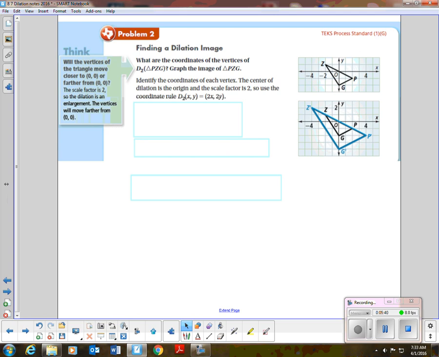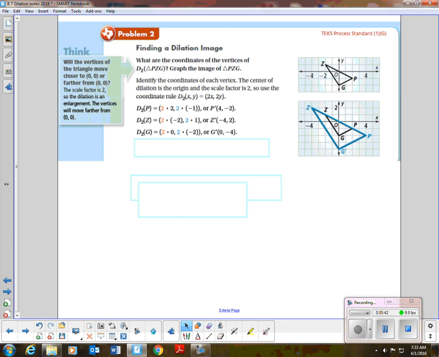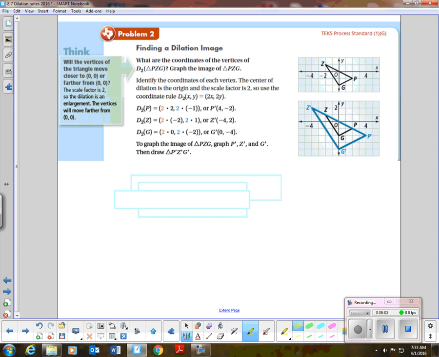So we take each one of the points, and we multiply the x and the y value by 2, and so we get (4, -2). Negative 2 times 2 is going to be negative 4, so (-4, 2). And then we do the same thing for the next ordered pair, which is (0, -2), which gives us (0, -4). And so then we graph those points. And so then this is our image right there. And now it was centered at the origin, which makes this one easier, just multiplying the points.